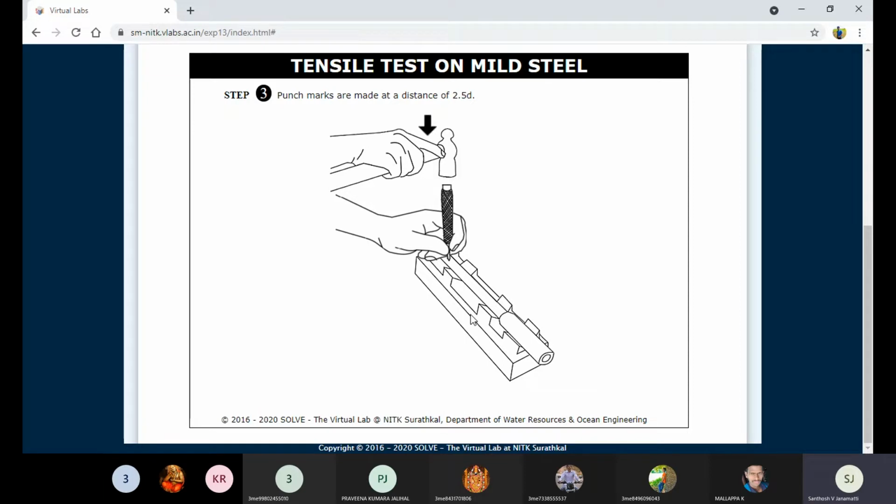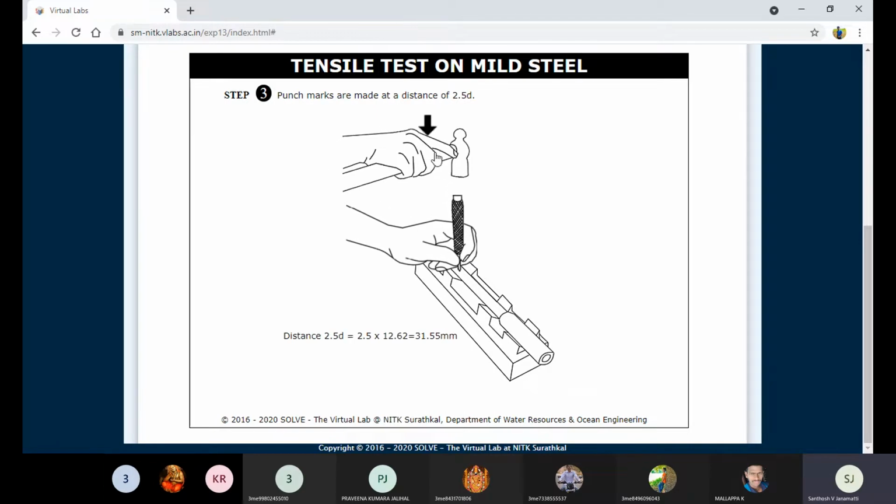Why do we need to mark it? Because after conducting the experiment, there will be changes in the shape and size. That's why we need to take the final length and final diameter of the samples, and that's why we mark it. So once I push the button, see here.